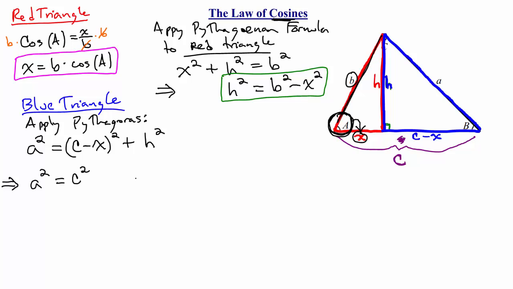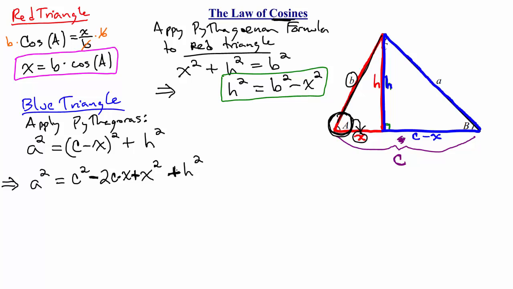We'll also always get the square of the last expression, so we'll get an x squared term. And we'll also get twice the product of c and x. Then we'll copy this h squared back down.